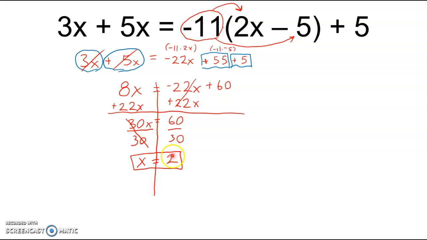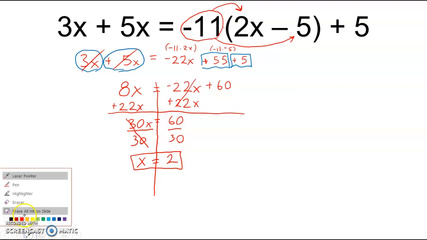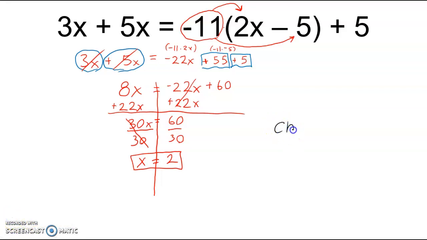So if I take 2 and plug it into the original equation, this is just to check the work. If I take 2 and rewrite this whole equation out, we'll have 3 times 2 plus 5 times 2 is equal to negative 11 times 2 times 2 minus 5 plus 5.